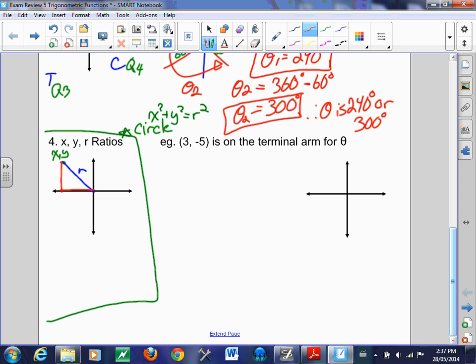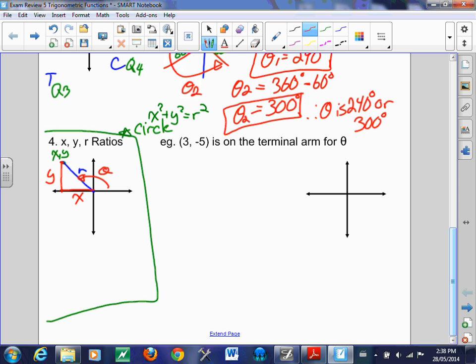Oh, I apologize. From the point ordered x, y, that's your x, and this is your y. We're looking at this angle.